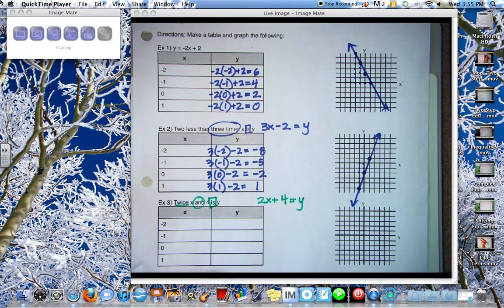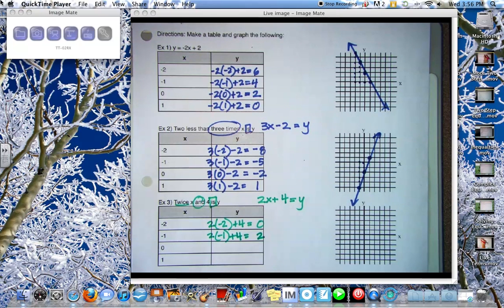So now we're going to substitute in our values. We have 2 times negative 2 plus 4. So 2 times negative 2 gives us negative 4. Plus 4 gives us 0. Next one, 2 times negative 1 gives us negative 2. Add 4.